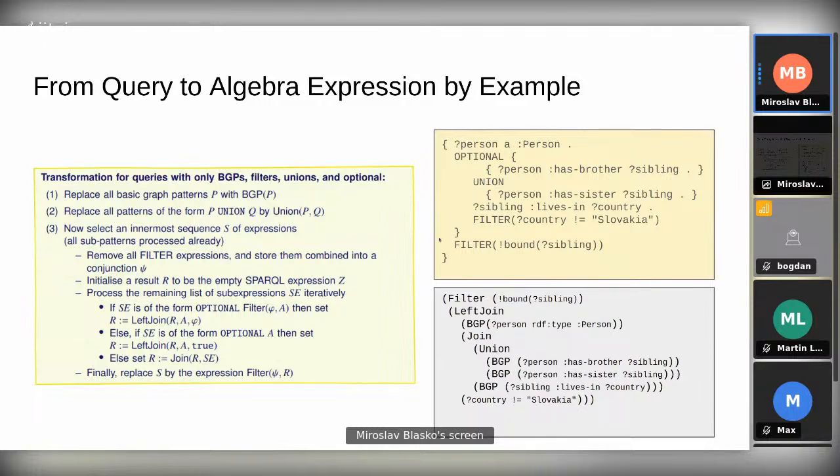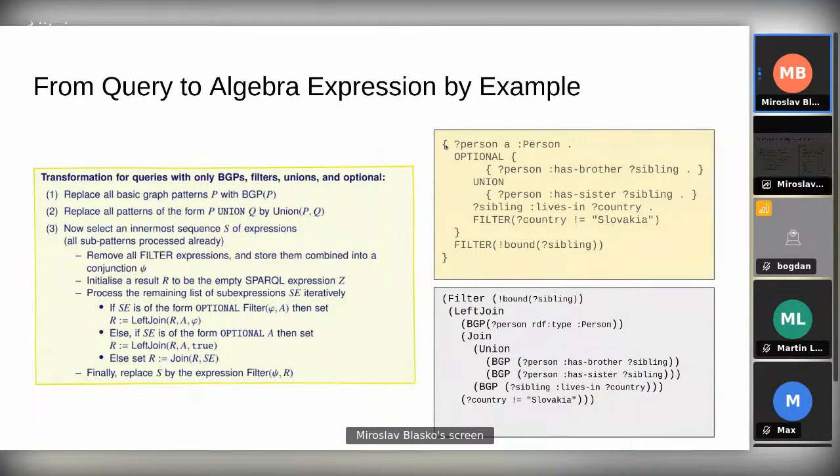You replace this part with union. And then you start from the innermost sequence of expressions.